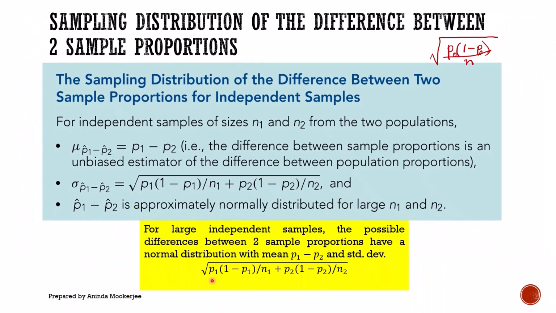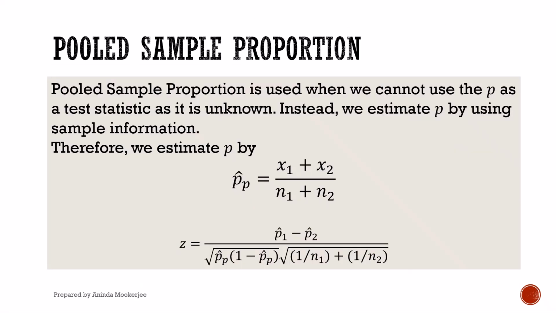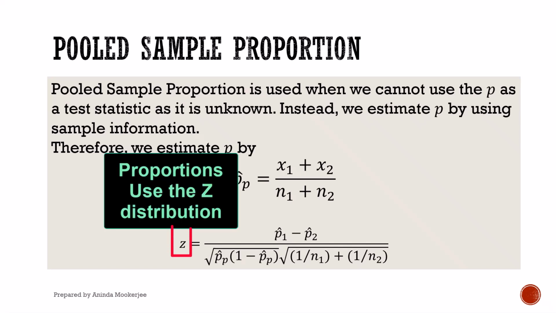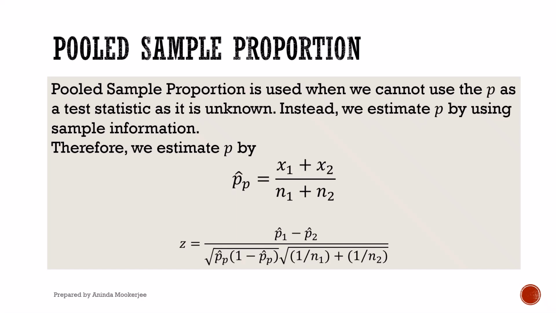So with this sampling distribution information, we are going to go into performing a hypothesis test and then finding confidence intervals. Previously, when we were working with one population proportion, we said that proportion studies always use the Z distribution. So here too, we are going to use the Z distribution, even though it's a study of two proportions.